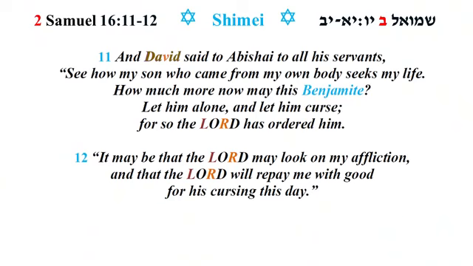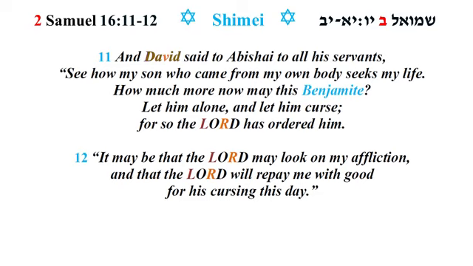2 Samuel 16:11. And David said to Abishai and to all his servants, see how my son who came from my own body seeks my life. How much more now may this Benjamite? Let him alone and let him curse, for so the Lord has ordered him.